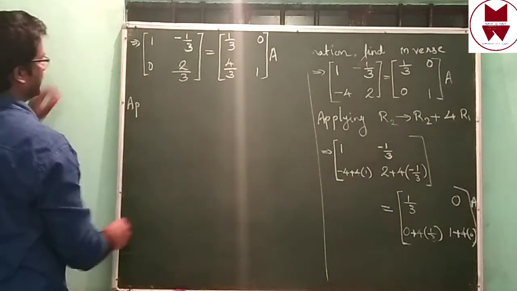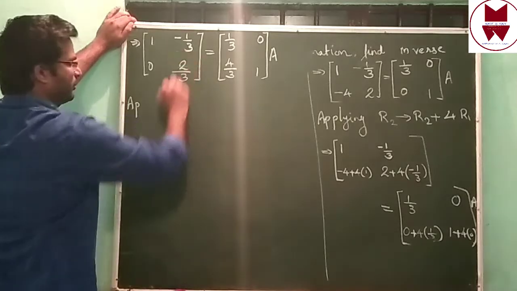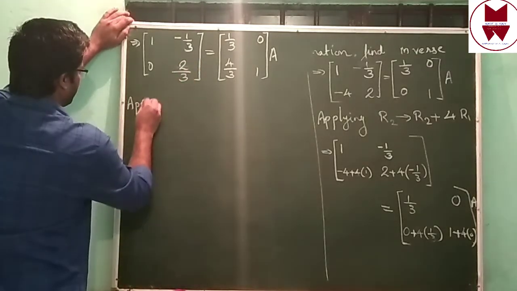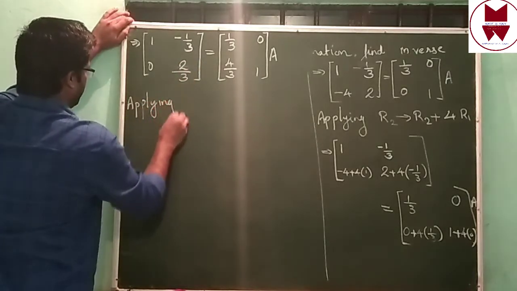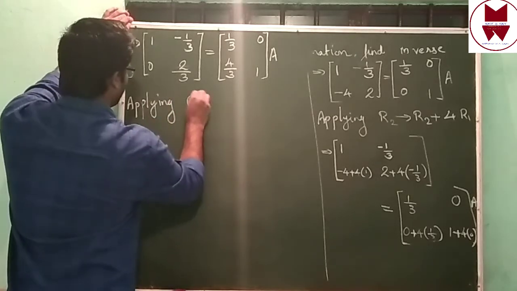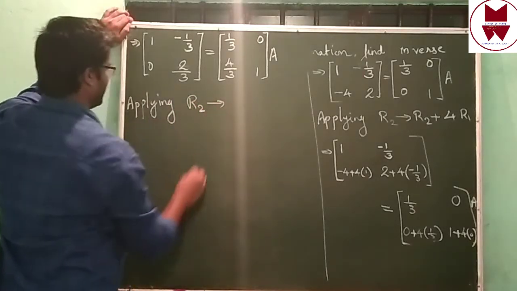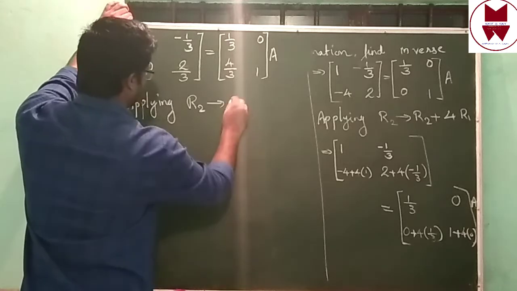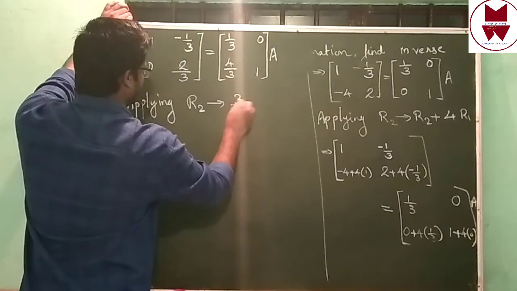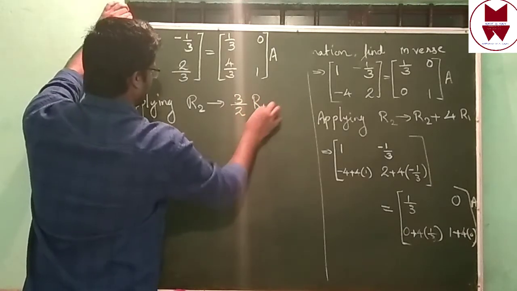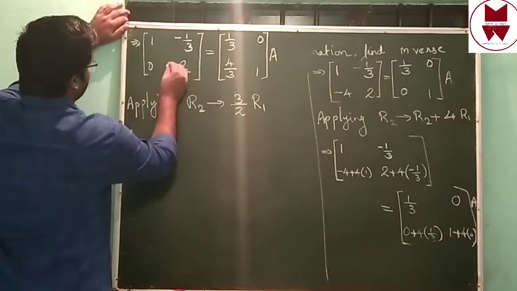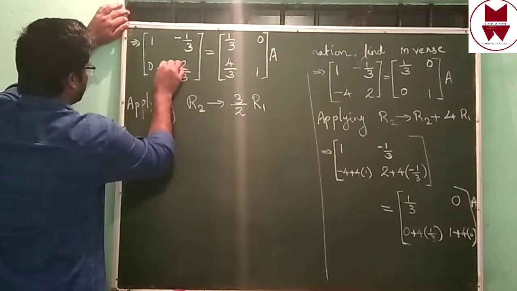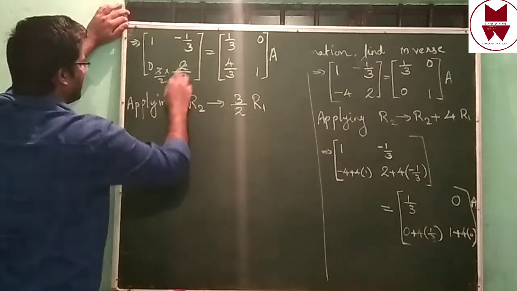And then next, here which number do we need? 1, isn't it? That's why applying R2, we multiply R2 by 3 by 2. Check it: if you multiply here by 3 by 2, 3 cancels, 2 cancels, you will get 1.